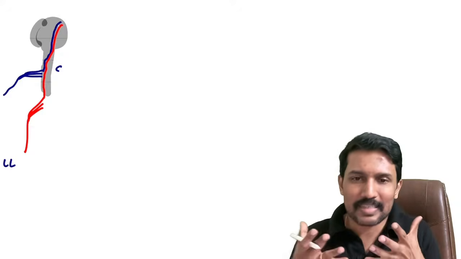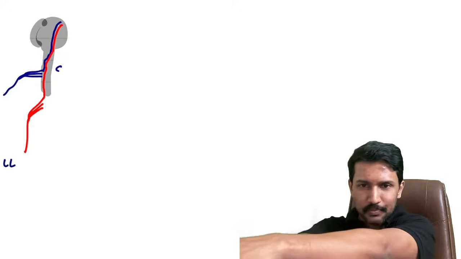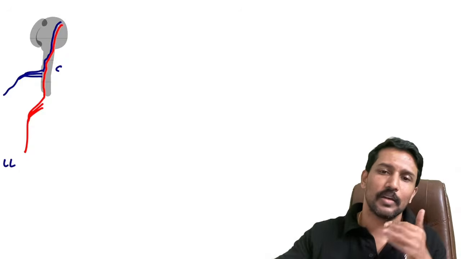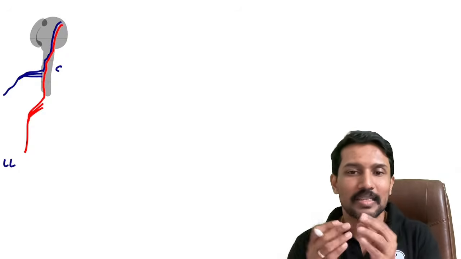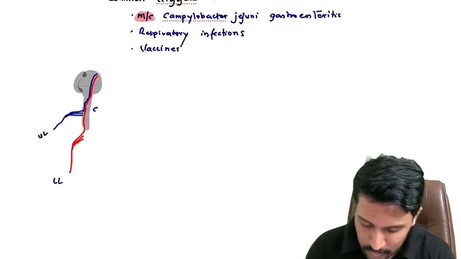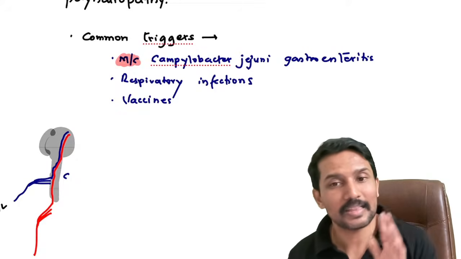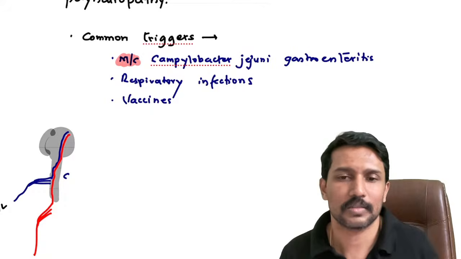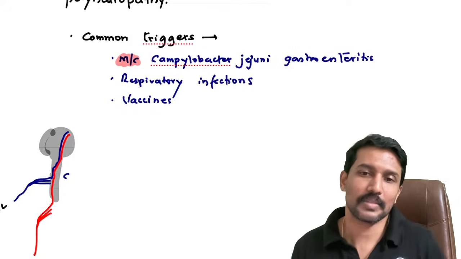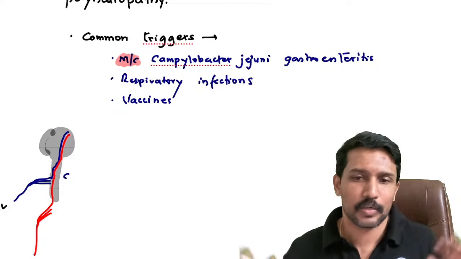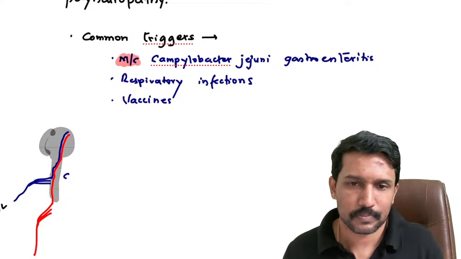So can I call it ascending paralysis? From distal, the weakness is progressing proximally. So we can call it ascending paralysis. So these patients present with ascending paralysis because of length-based involvement. The longest is the first affected, then the next longest, then the next longest. That's why it's distal to proximal.